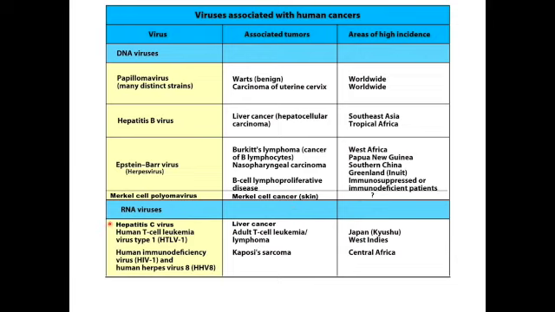And then for our RNA viruses, we have hepatitis C, which causes liver cancer. Human T-cell leukemia viruses, there's 2 of those, HTLV1 and 2. These cause adult T-cell leukemias, but we mostly see them in Japan and in the West Indies. We don't see too much of that in the United States.